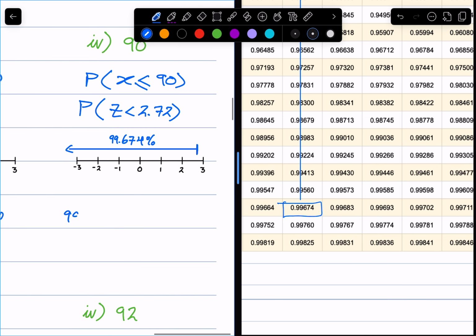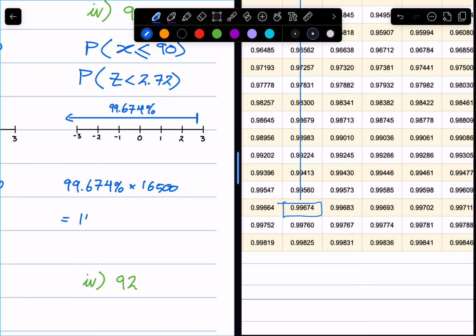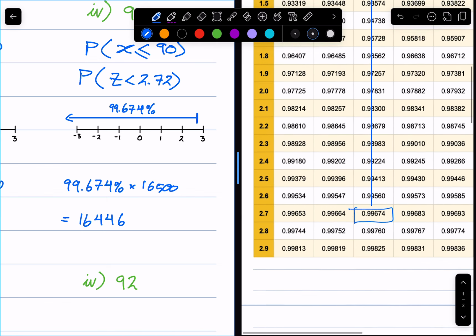So 99.674% times 16,500 gets us 16,446 students. Well, 0.21, but we're not going to include that.